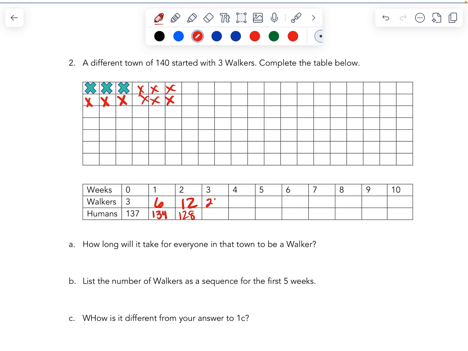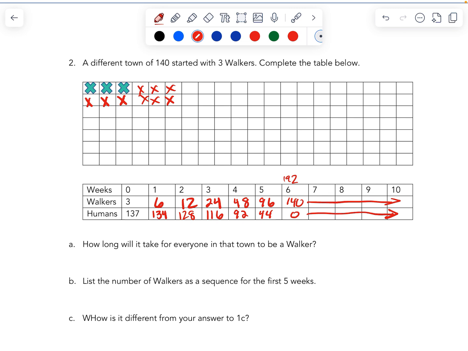That doubles again for 24, so we'd be down to 116. Then 48, down to 92, then 96, down to 44. If I double this, that's 192, so we're over, and we'd have 140 from there on out.